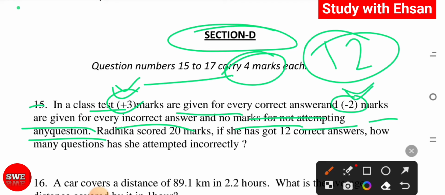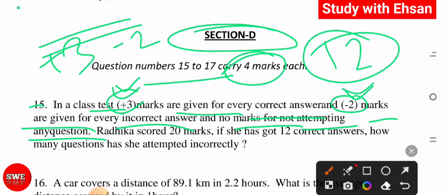So in short, if you solve correctly you get +3. If you solve a question incorrectly or wrongly, you will be given -2, and if you have not solved a question, you left it, you will not be given any marks, that is 0.